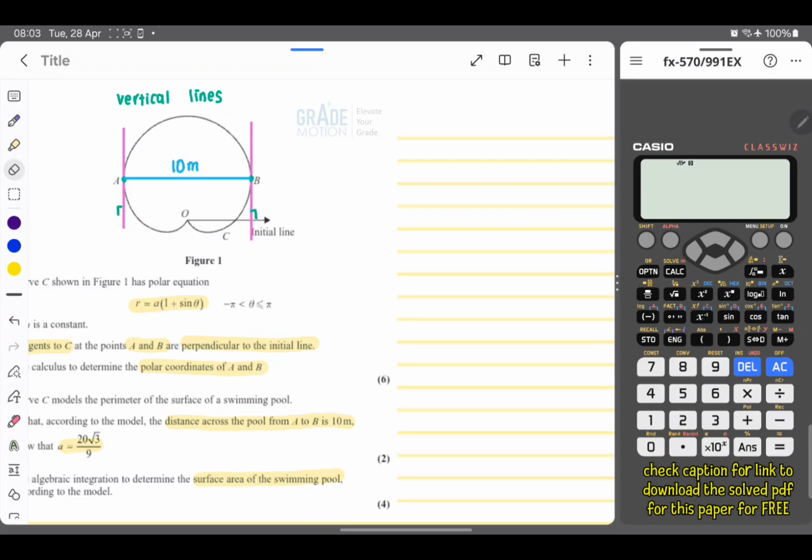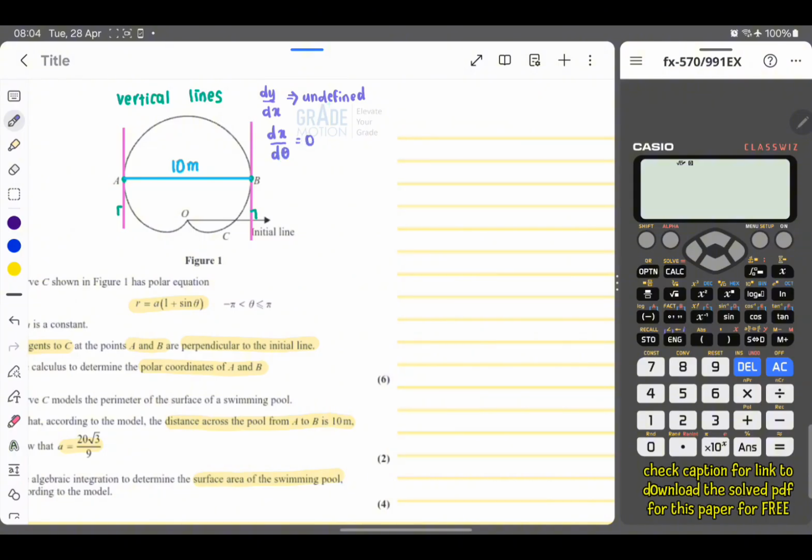Now we can begin with part a. Because we are looking at vertical lines, we cannot find dy/dx, because dy/dx for vertical lines is essentially undefined. But what do we know? For vertical lines, dx/dθ would be equal to 0.